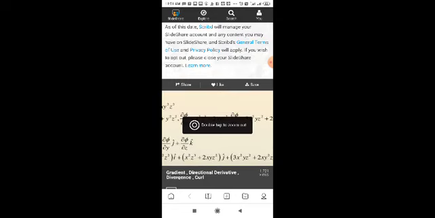Whenever we calculate del phi over del x, we differentiate with respect to only x, and we get 2xyz square plus y square z square. Again del phi over del y is equal to x square z cube plus 2xyz square.